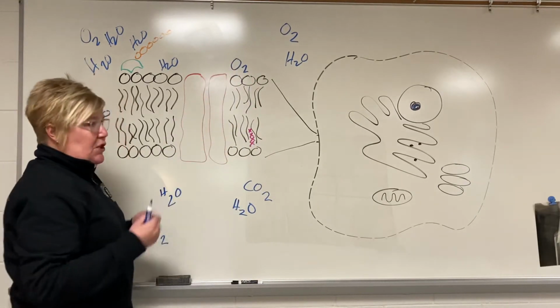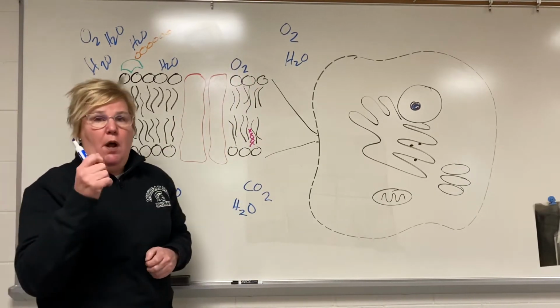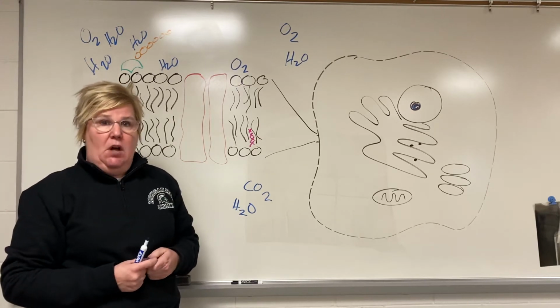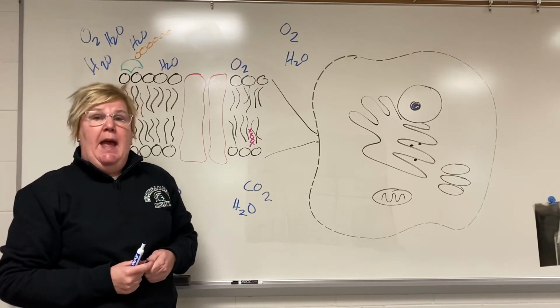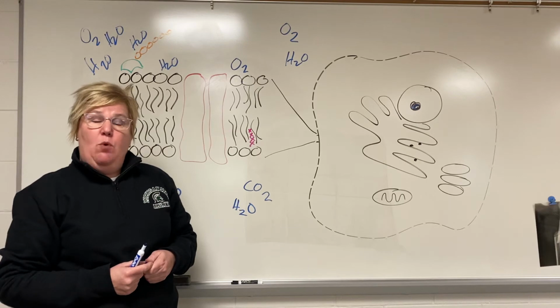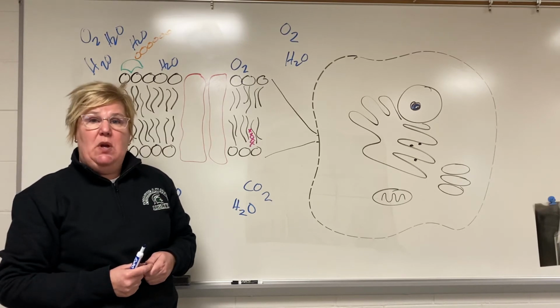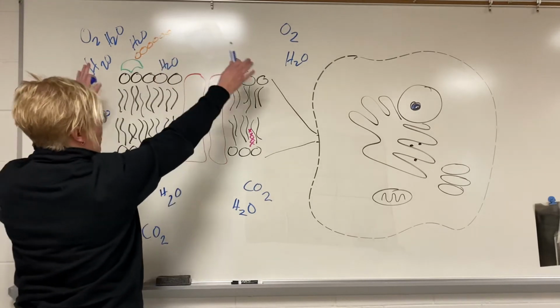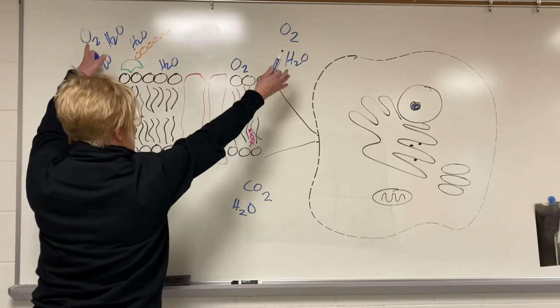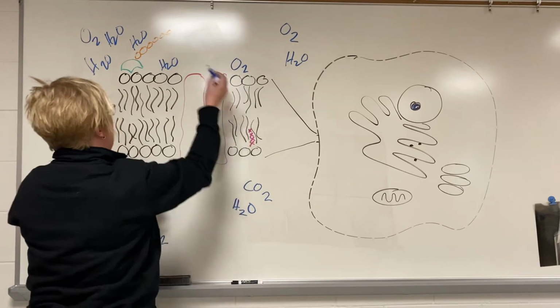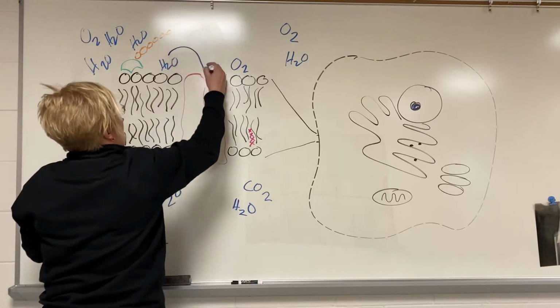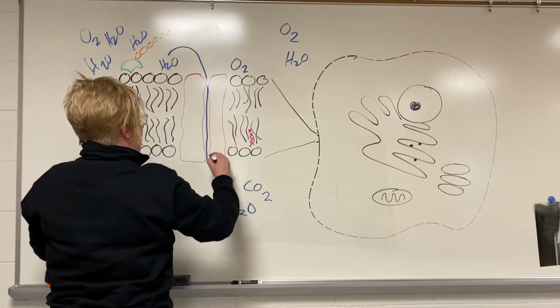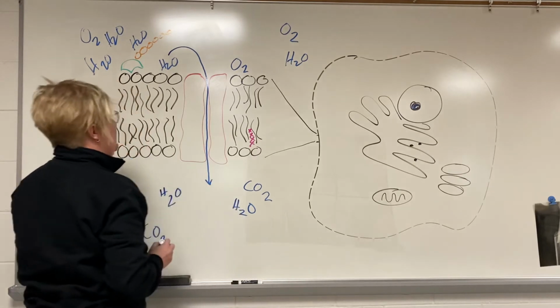So let's first talk about the water. When water moves through a membrane, it's called osmosis. And water wants to move from where there's more to where there's less, high concentration to low. In this case, we have more water outside because there's 5. Inside there's only 2. So water is going to want to go through the integral protein and enter the cell.